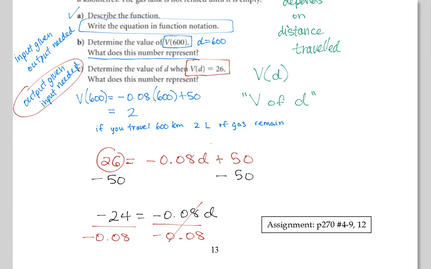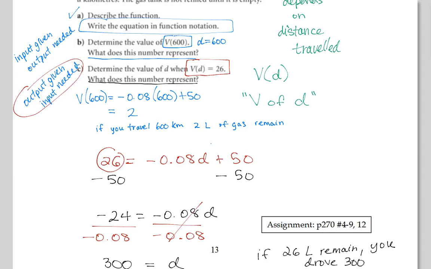That will isolate for the variable. Negative 24 divided by negative 0.08, you get 300. What does this number represent? Well, if 26 liters remain, you drove 300 kilometers.